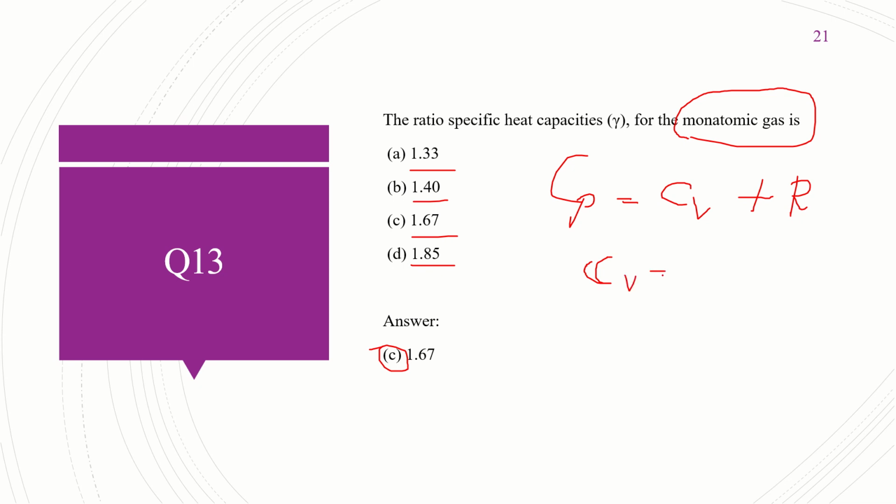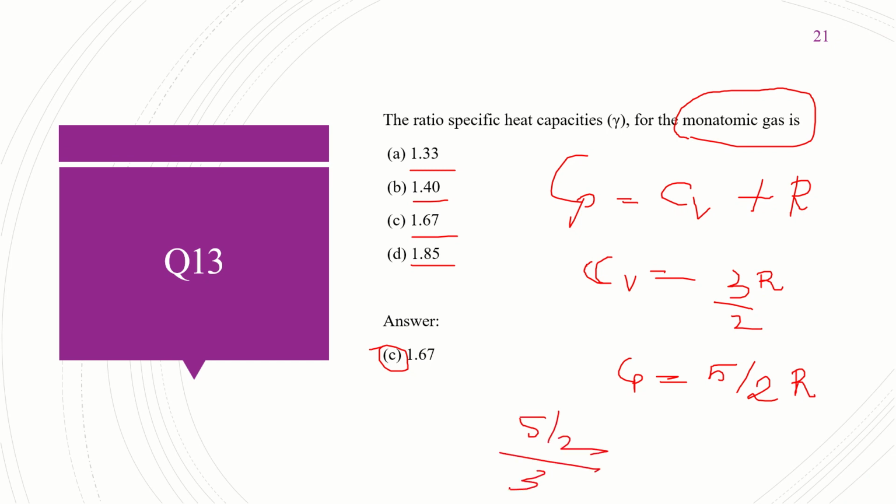For a monatomic gas it is 3 by 2 R, that is F by 2 R. On substituting, we get Cp as 5 by 2 R. So Cp by Cv would be 5 by 2 divided by 3 by 2. R gets cancelled, 2 gets cancelled, it is 5 by 3, which is 1.67.